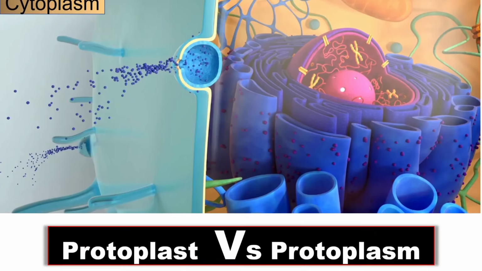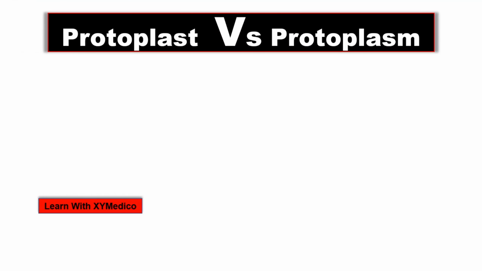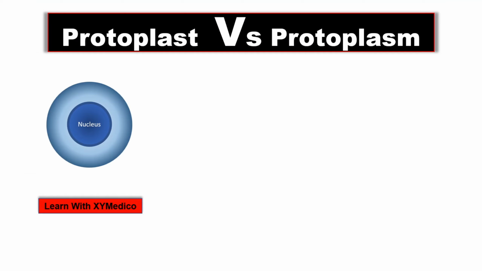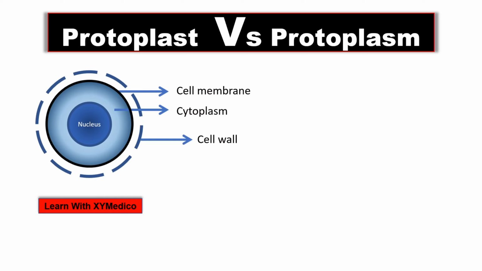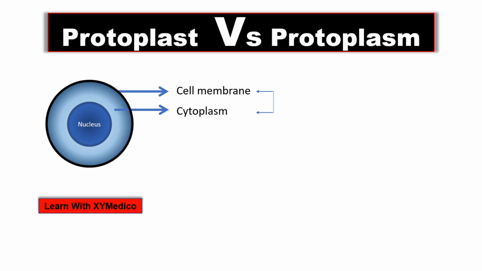So now we are going to discuss protoplast and protoplasm. Here we have a nucleus, this is the cytoplasm, this is the cell membrane of the cell, and the outermost boundary in the plant cell is the cell wall. If I remove the cell wall from the plant cell, the remaining structure will be called protoplast.